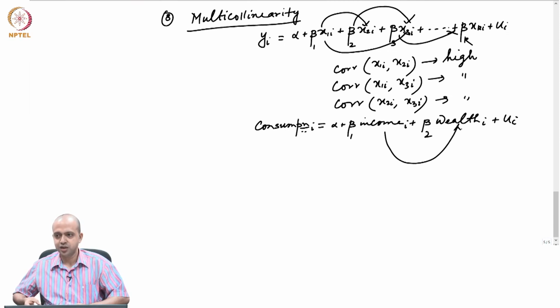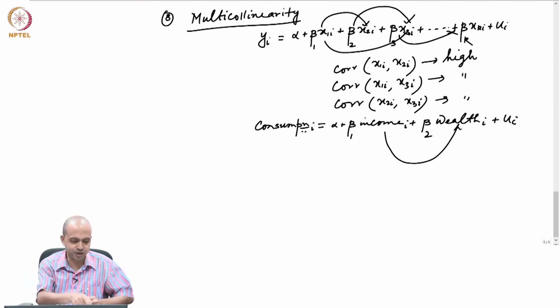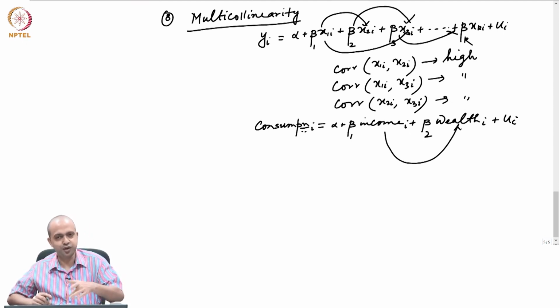Then number 8 says that there should not be any autocorrelation. Then number 9 says there should not be any heteroscedasticity, and number 10 says there should not be multicollinearity. I think I have made some mistake in counting, but basically these are the assumptions. In your textbook also you will see there are 10 such assumptions.